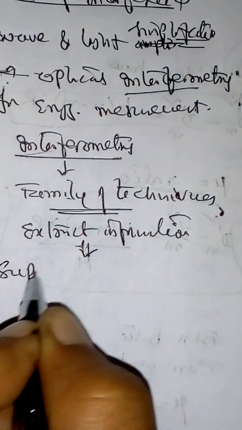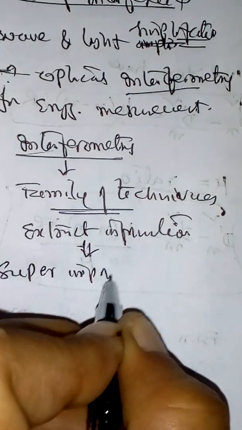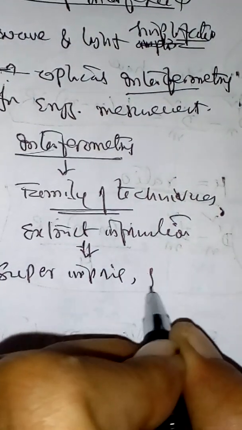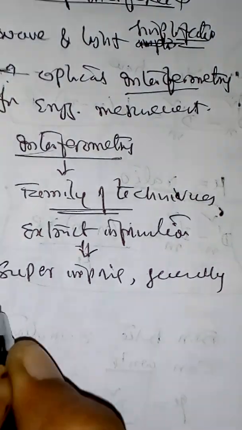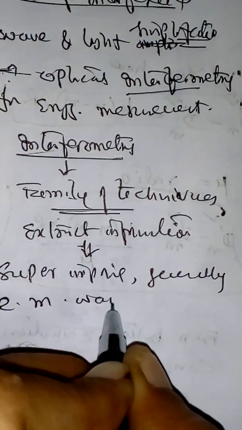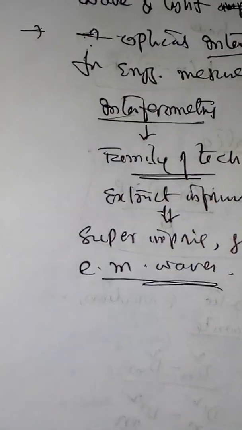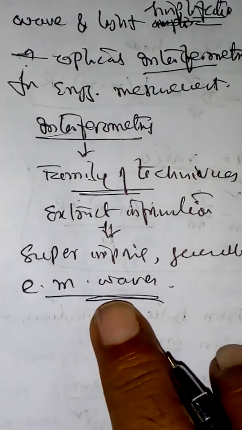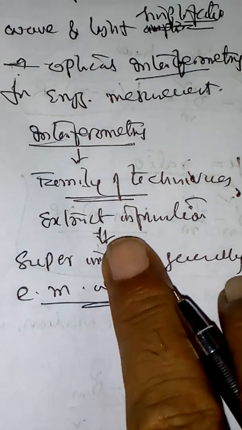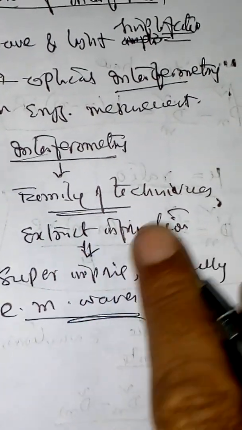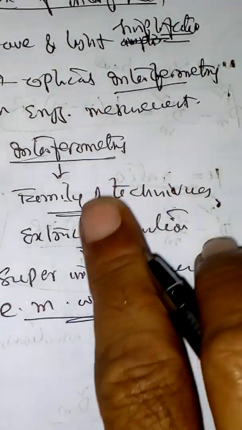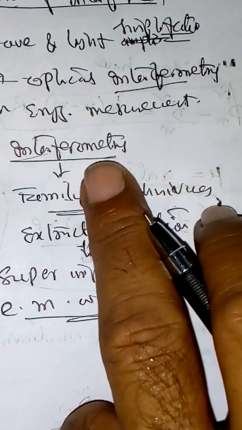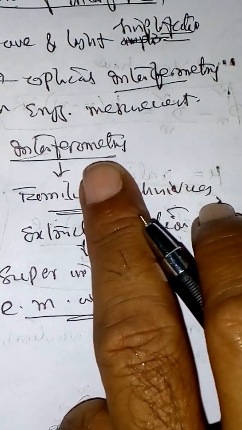By means of superimposing, generally, electromagnetic waves. By superimposing electromagnetic waves, that is the principle of interference, information can be extracted. Such a technique is what is known as interferometry.